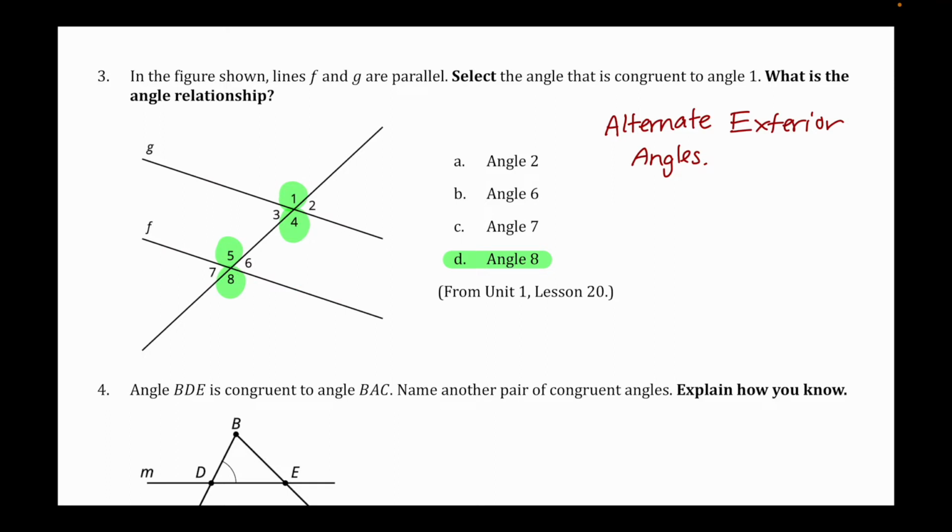So that may not be something we've defined yet, but that is if we're applying words that we know. We know alternate means on opposite sides of our transversal. And then interior meant that they were inside, like 4 and 5. So exterior means they would just both be outside, like 1 and 8.